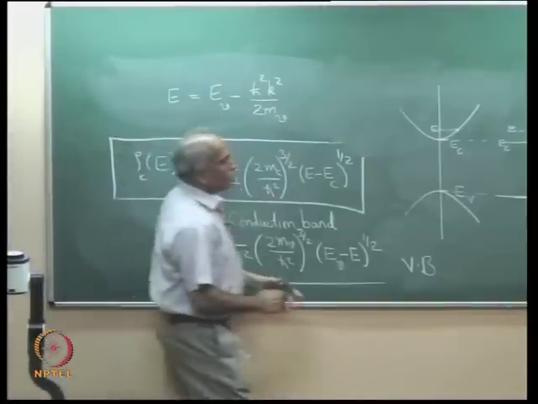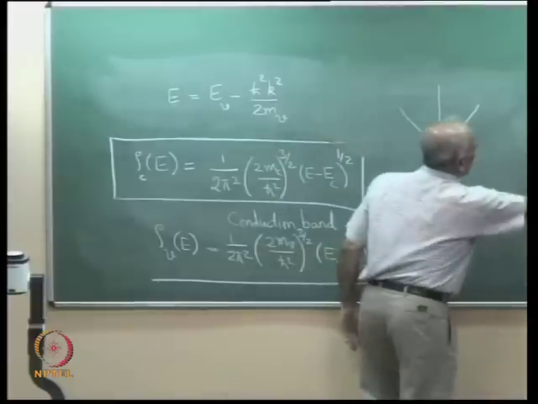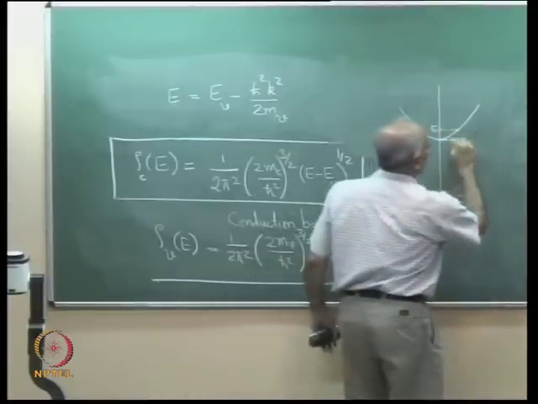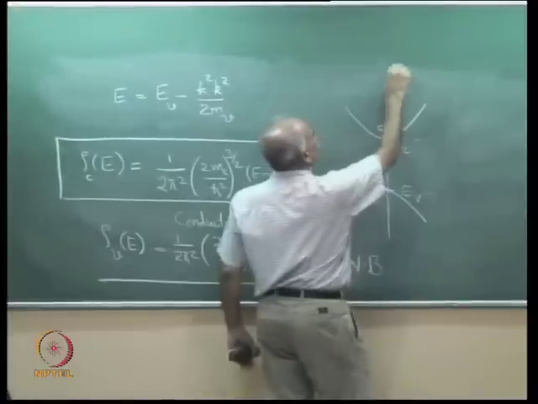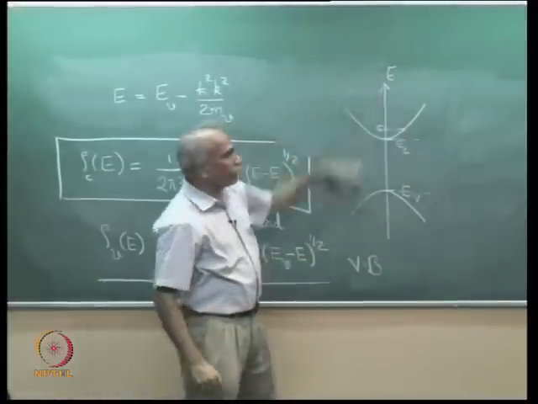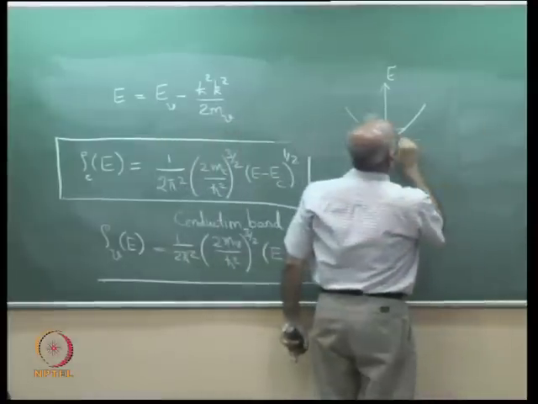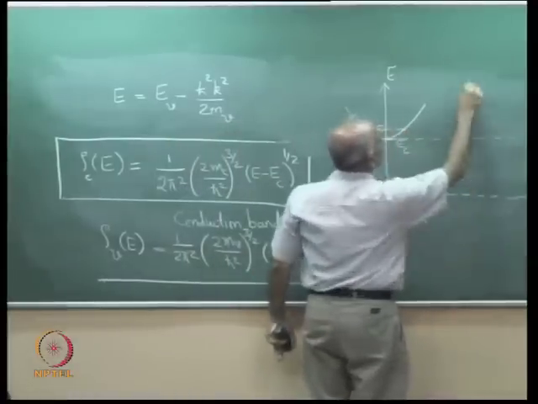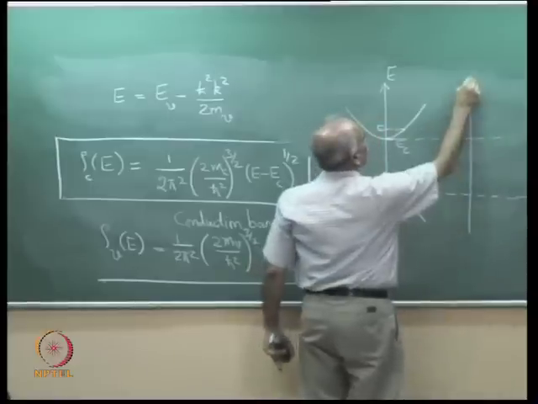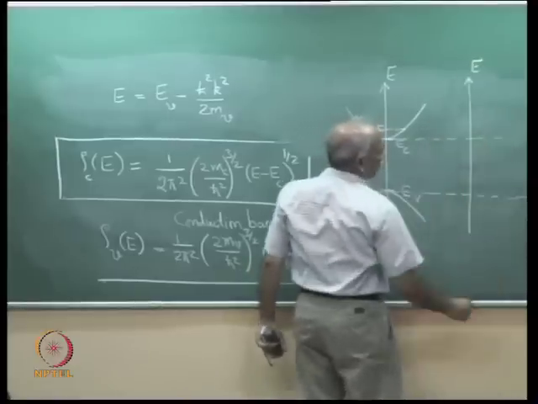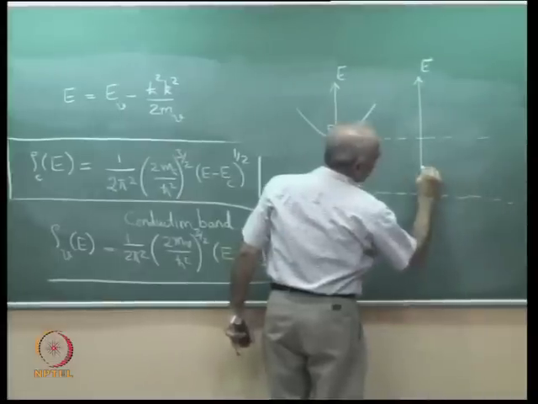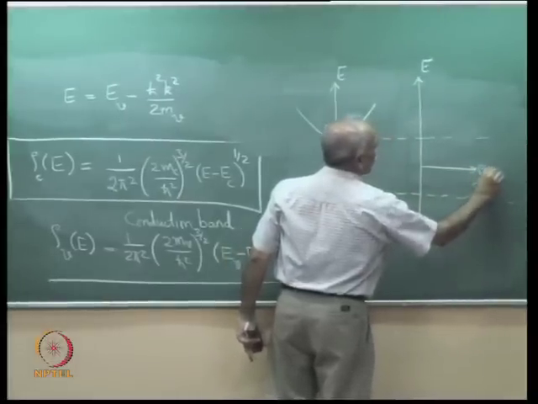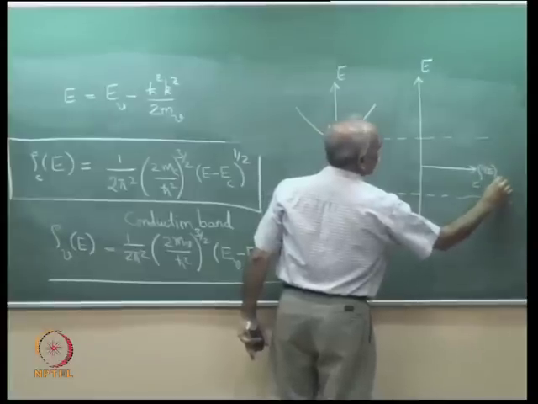Now let me plot this. How would the density of states look like? So this is E. As I mentioned, we will always keep E on this axis. So we have all equivalent pictures, E here, and I want to plot rho of E and rho of V, the density of states.